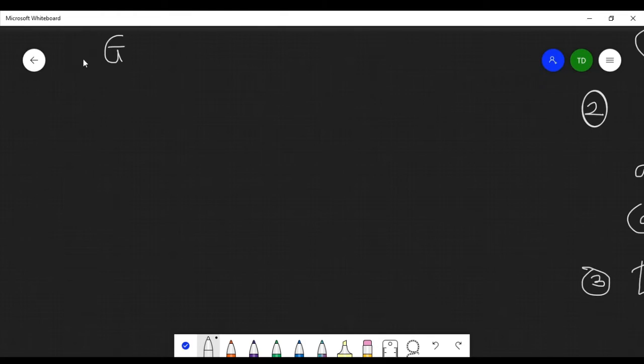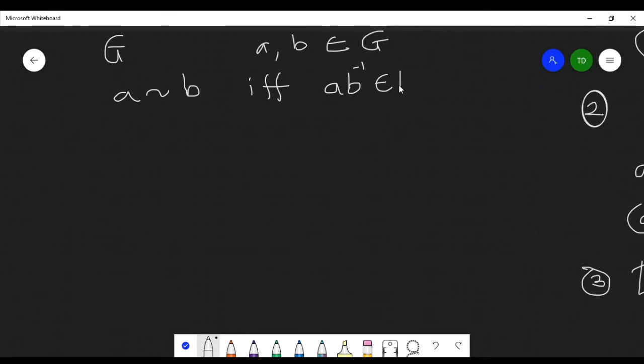Now we select any two elements A and B from the group G. Then A is related to B, A tilde B, if and only if A into B inverse belongs to some subgroup H. Then we say that A is related to B. Alright, we want to show that this is nothing but an equivalence relation. So let us go one by one.